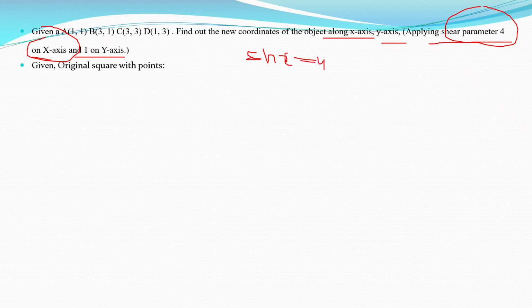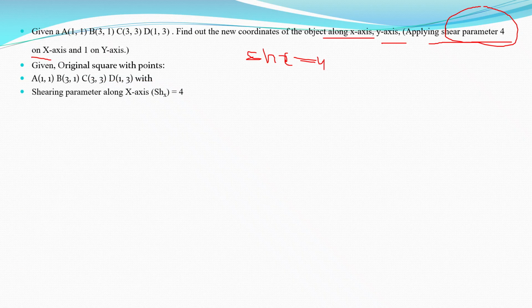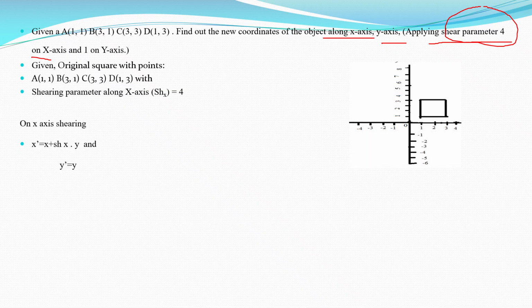The given figure is the original square with points A, B, C. For the x-axis, the formula is x dash equals x plus shear of x multiplied by y. We are applying it on point A, to get A dash.